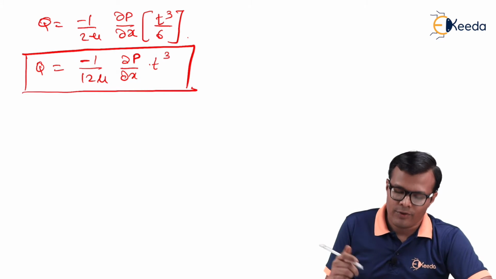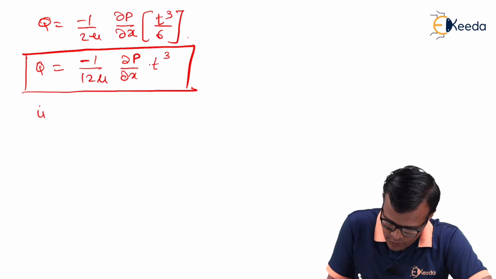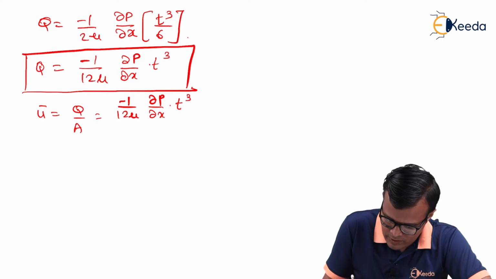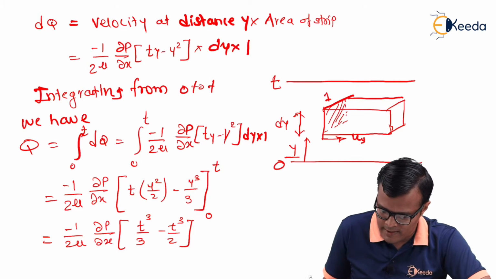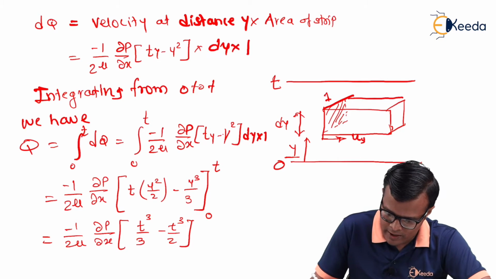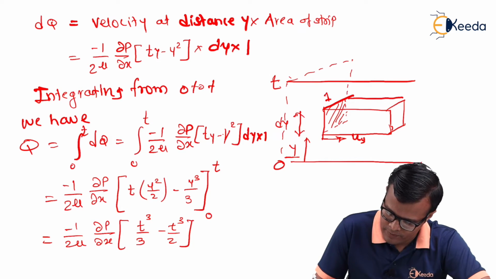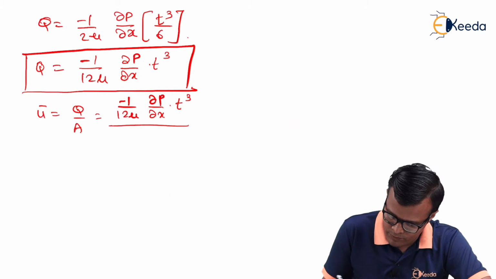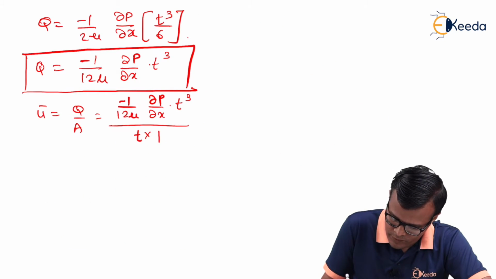Now we can find out the average velocity, that is u bar equal to Q by A. Here minus 1 upon 12 mu del p by del x into t cube divided by, in this case the total area, which will be from 0 to t and this width, so that will be equal to t into 1.